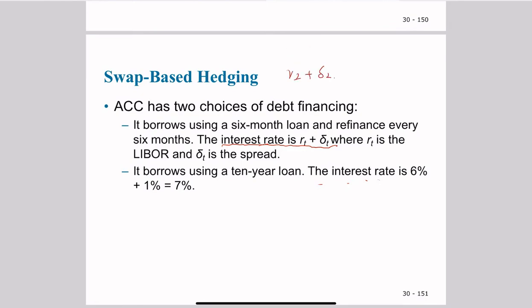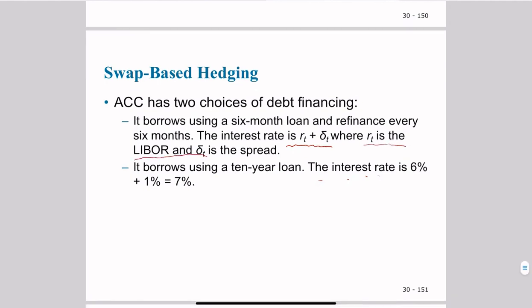The key here is this interest rate changes with time t, which is basically the definition of floating interest rate, right? So here RT is LIBOR and delta T is the credit spread the firm has to pay because of its inferior credit rating. Now, the second choice is the firm can just use a 10-year loan.